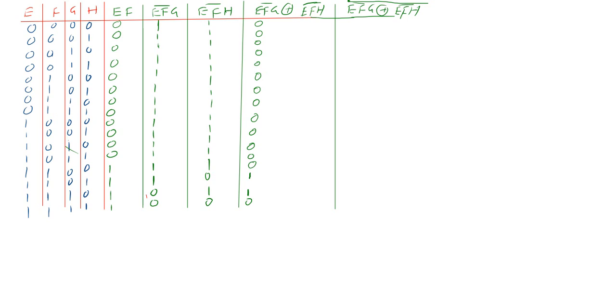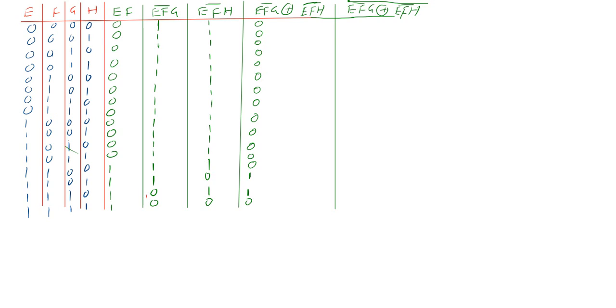So that is how we do for that. Now for the last one, it is very simple, because we are only taking this expression and we negate it. So we are only negating the outputs here.